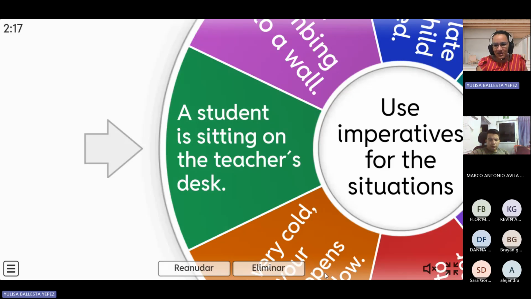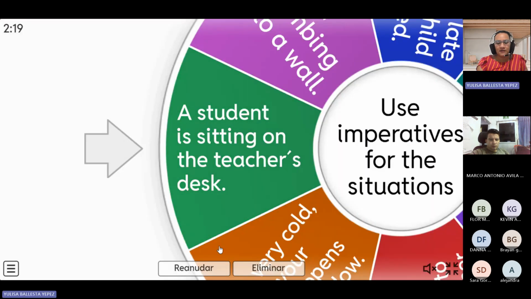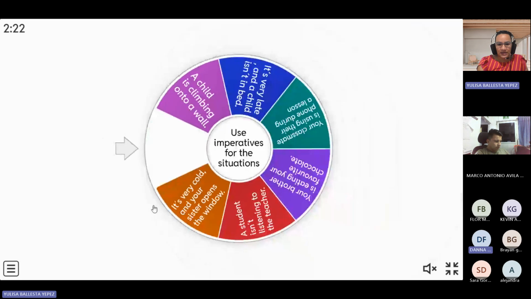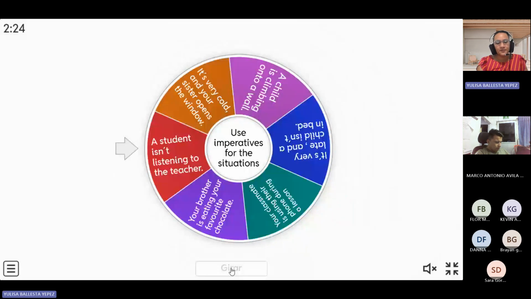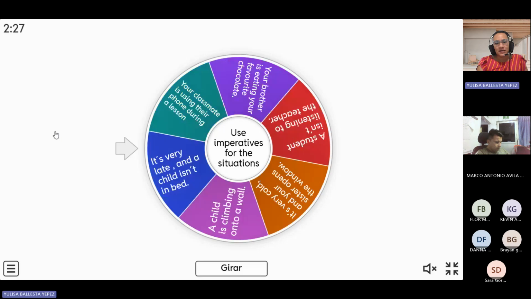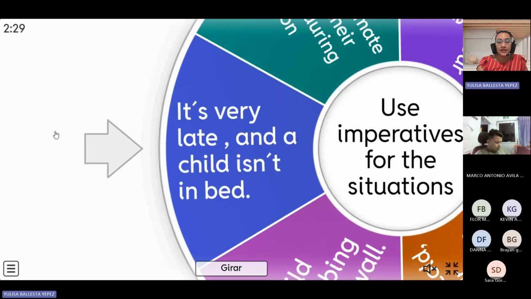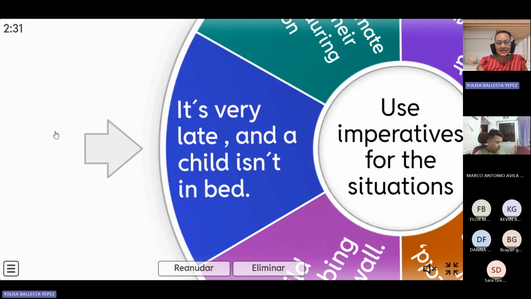Let's continue with maybe Alejandra. Alejandra, you should tell me what order you would give in this situation. I'm going to show you the situation. It's very late and a child isn't in bed.